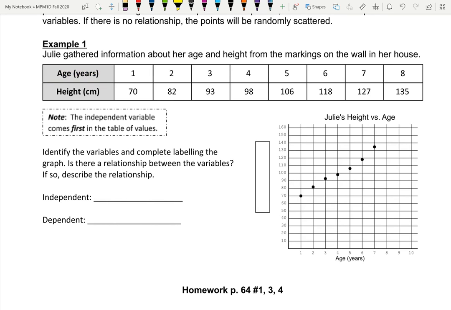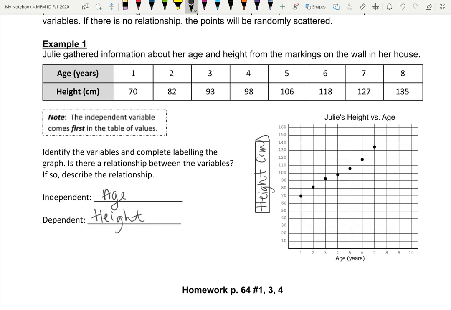So identify the dependent and independent variables. Well, we already talked about this. So your height depends on your age. So then your age would be your x-axis, and your height in centimeters would be your y-axis.